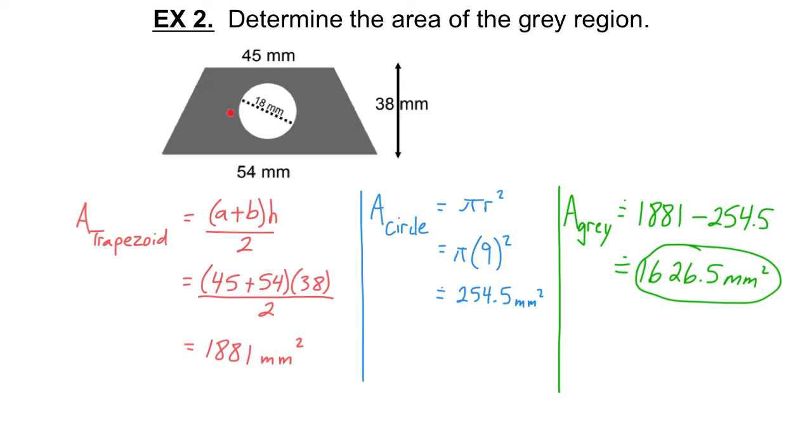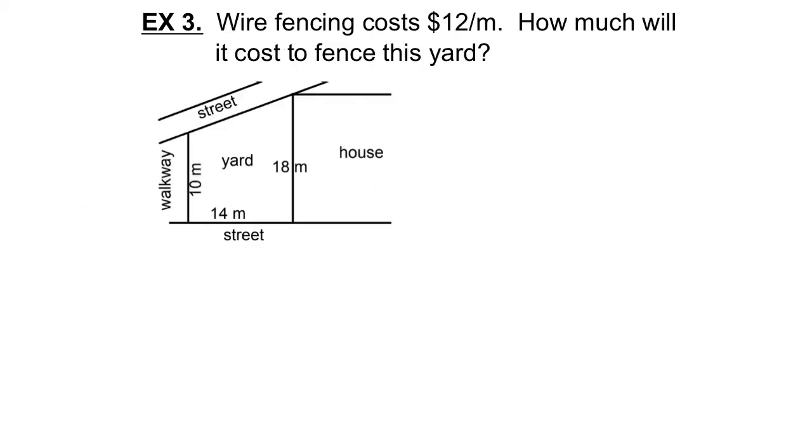Now, to get the area that's gray, I have to take the area of the trapezoid and subtract the area of the circle. I end up with 1,626.5 millimeters squared.